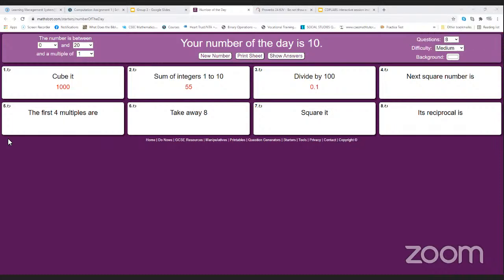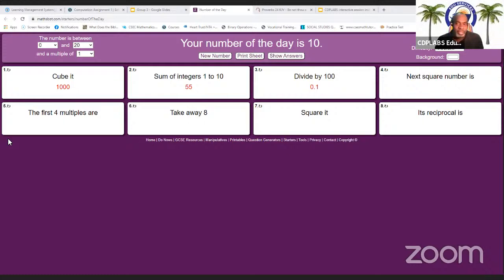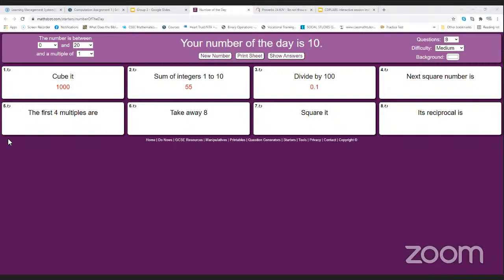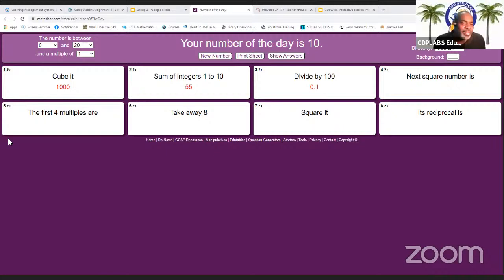No, Miss Campbell, 12 is not a square number either. Sir, 10? No, not 10.